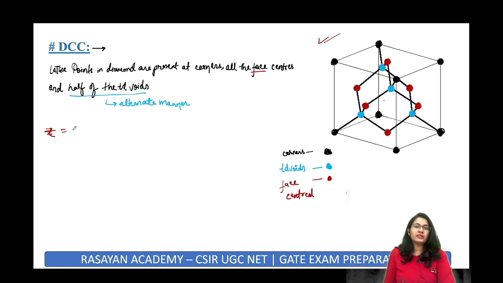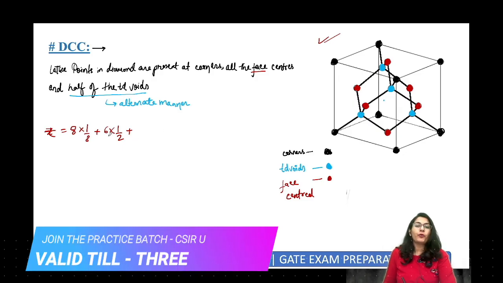Z वैल्यू फॉर DCC is equals to how much? It is saying कि all corners पे lattice points are present, so 8 into 1 by 8 for all the corners. All the face centers, 6 into half for all the face center, plus half of the tetrahedral voids. How many tetrahedral voids we have considered? We have considered 4.